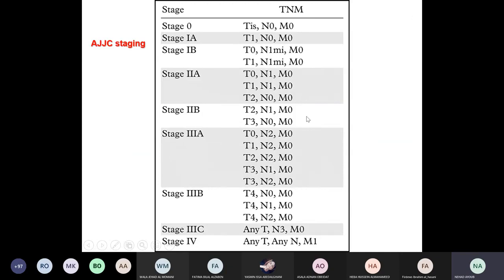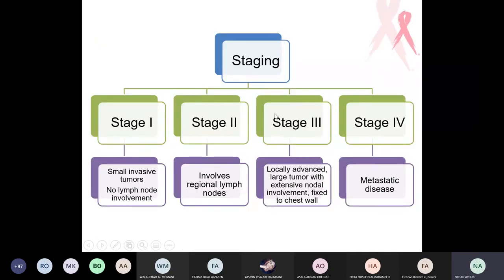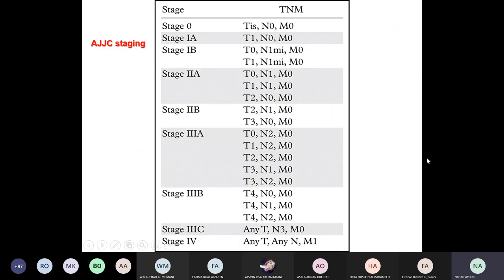In stage 3 disease, we say it is still local, because there is no distant metastasis. The cancer cells are still in the breast. It's local, but it is advanced. It's locally advanced. Why? Because usually the tumor size is larger and there is extensive lymph node involvement.